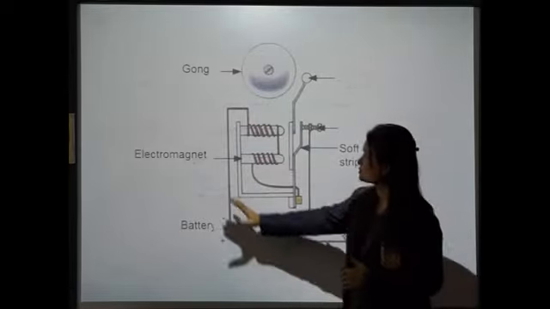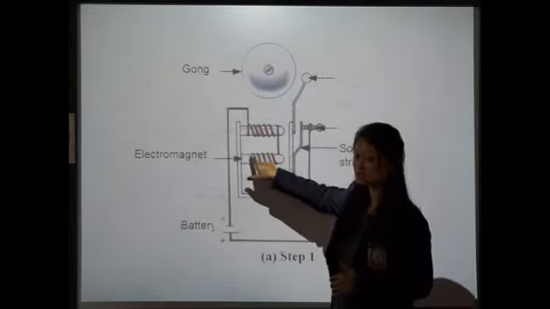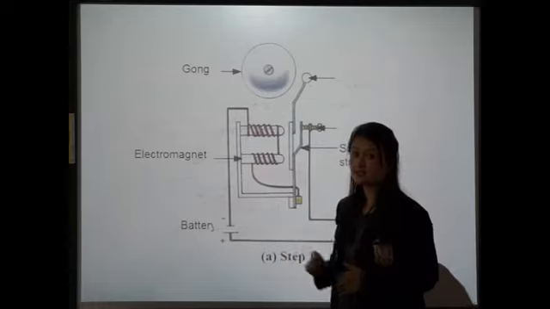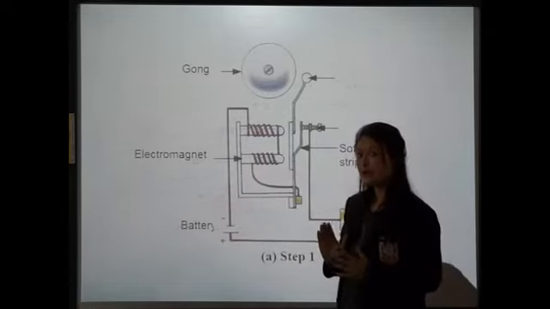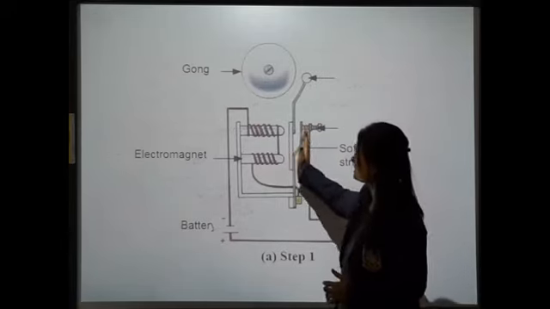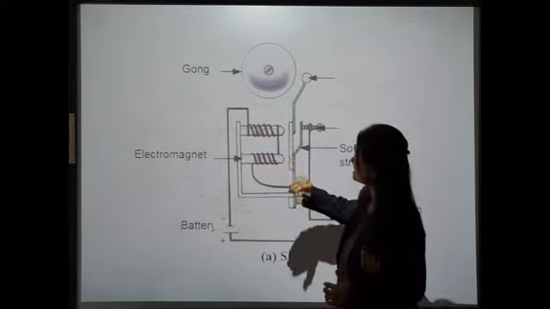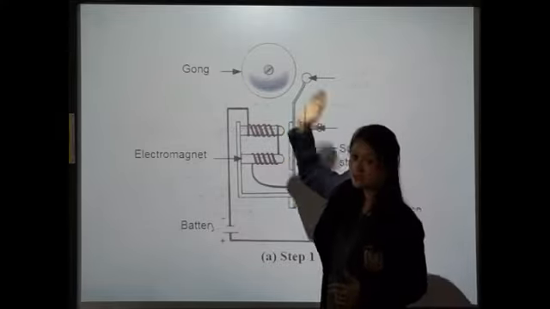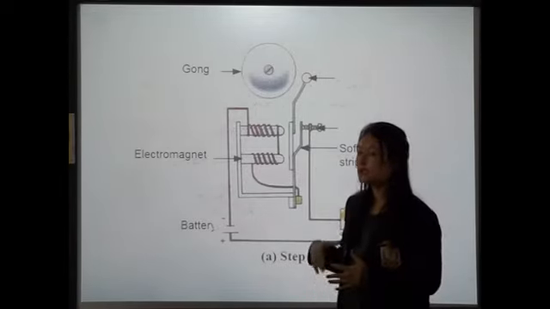When current flows through the wire, these bars act as electromagnets. That means they act as magnets. When they act as magnets, the iron strip which is closer to it will be attracted towards them. So when it leans towards them, this hammer will hit the gong. When the hammer hits the gong, the bell will ring.